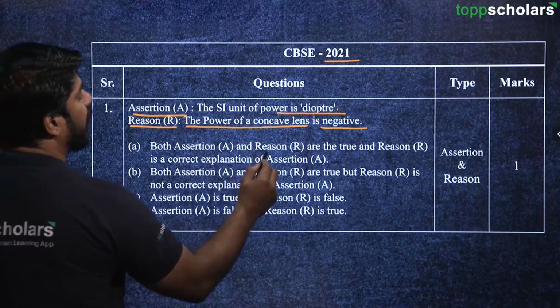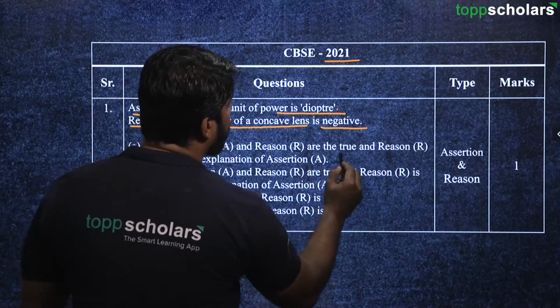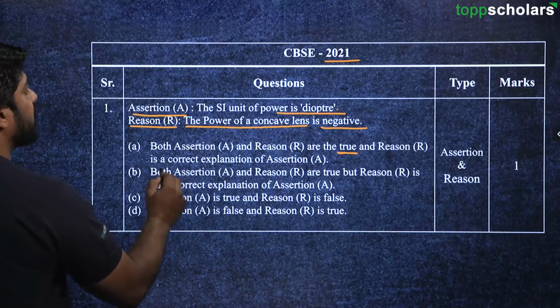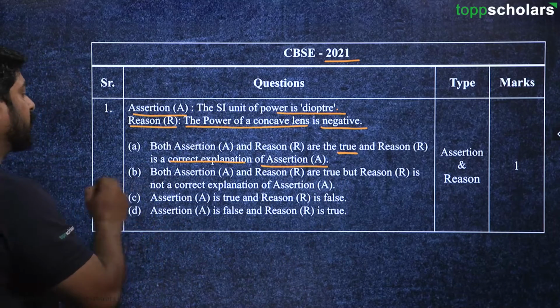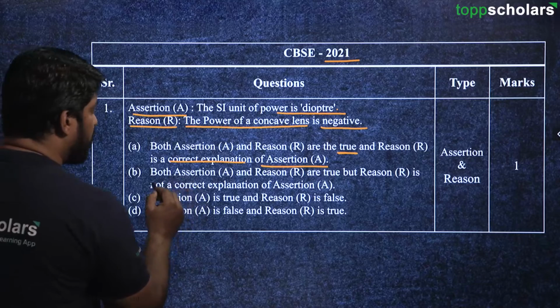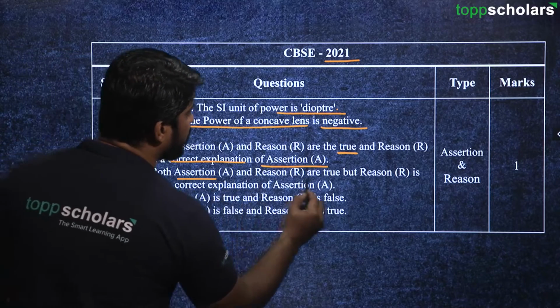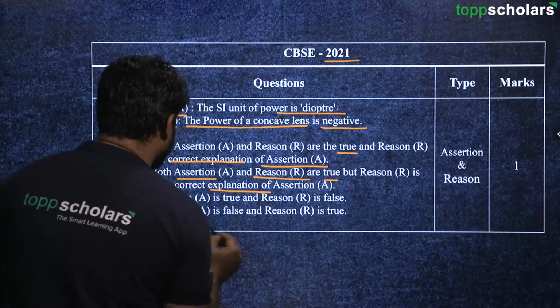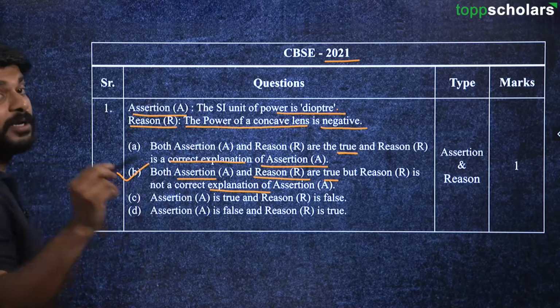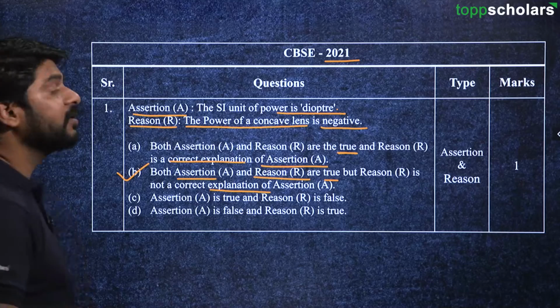Both assertion and reason are true, and reason is the correct explanation of the assertion. As we have seen, it is not the correct explanation. So the second option, assertion and reason are true, but reason is not a correct explanation, has to be the correct option for this particular question.